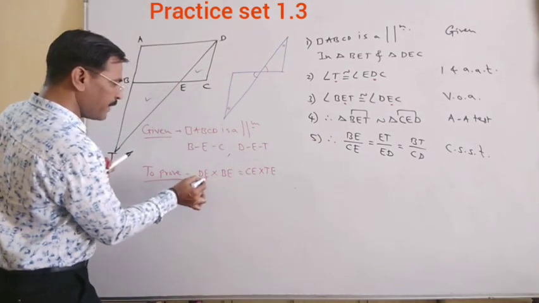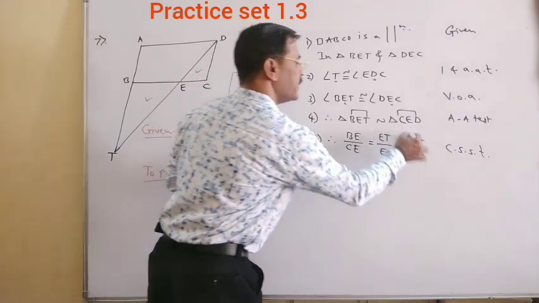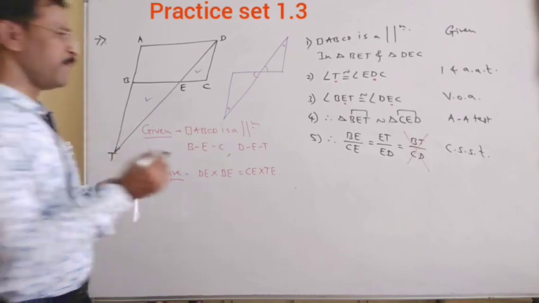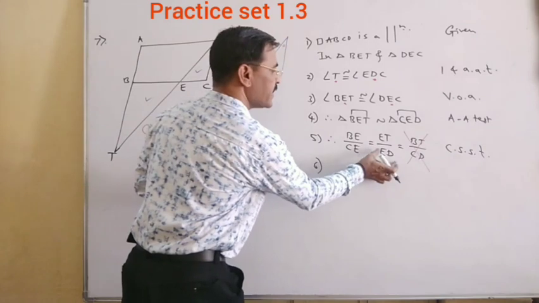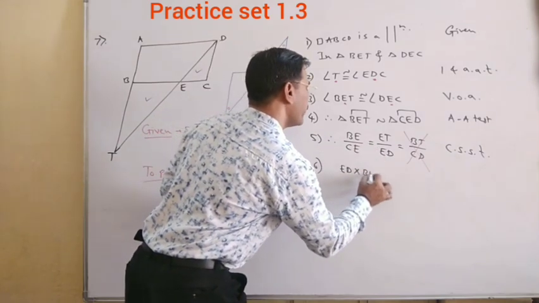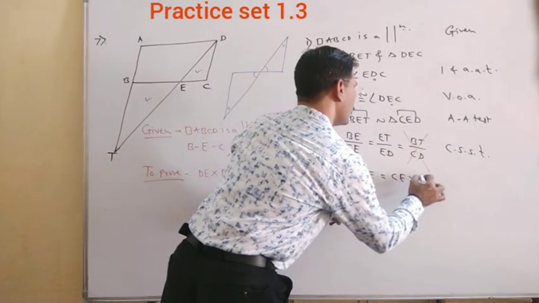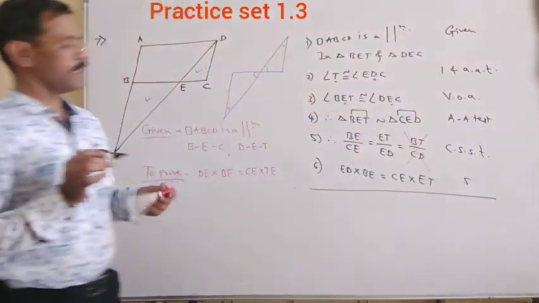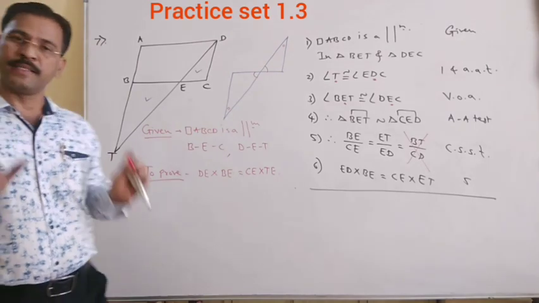We need every time E, so here it is EE and here also EE. This particular part no need to take. Go with cross multiplication. See what we need. We need DE and BE, so take this one here. That is, you can write ED into BE, and that side CE into ET. This is from 5th step. Understand? Like this we can solve the examples, which are very simple ones.